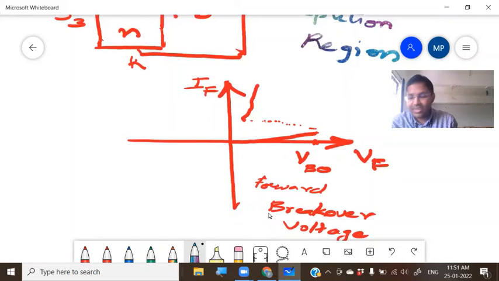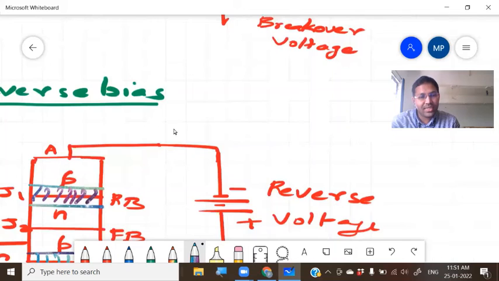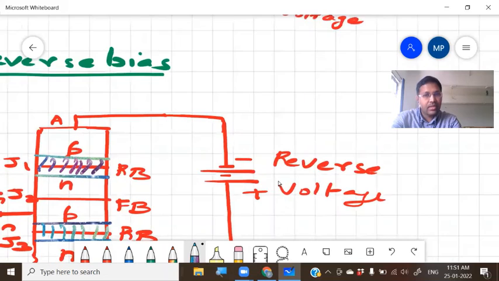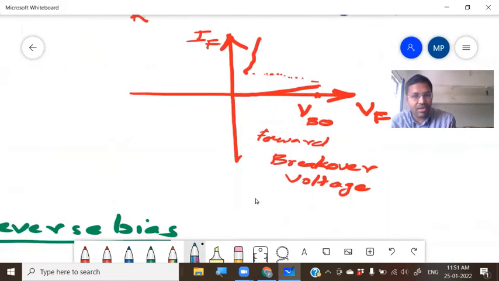When we gradually increase that reverse voltage, because we have reverse biased junctions, whether one or two, as long as you have a reverse biased junction, the current is negligible. Only a small leakage current will flow.